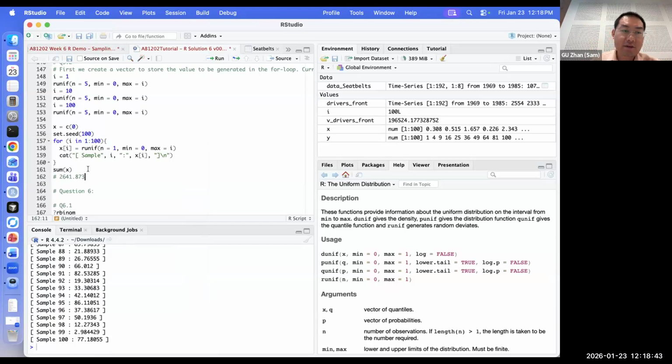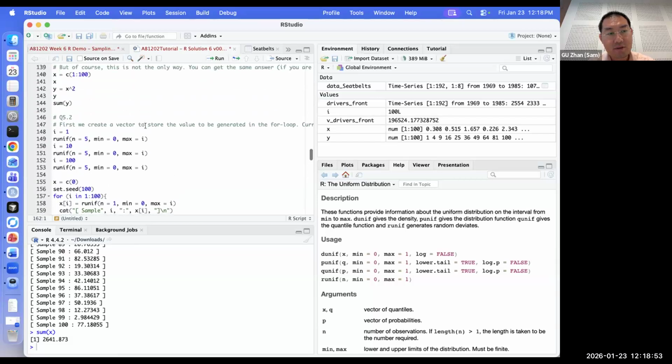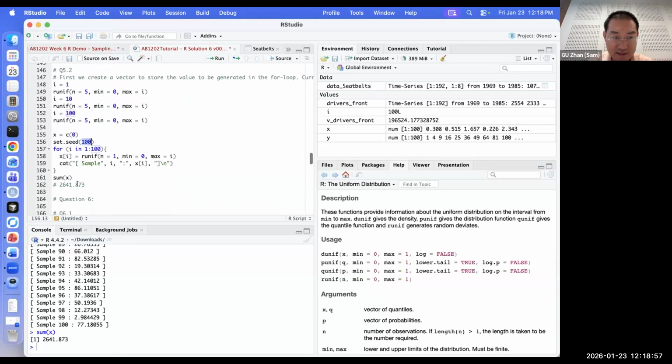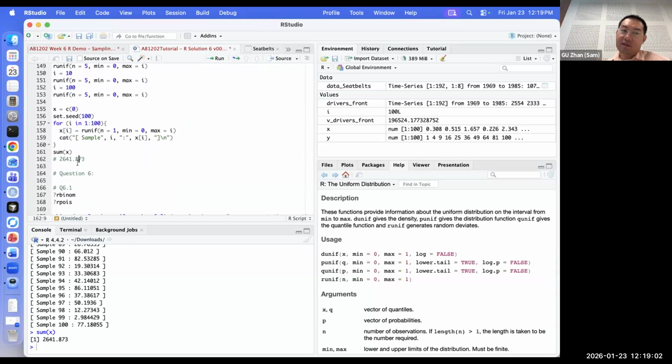Then after that, you sum them together and you get 62641, something like that. If you use the same seed, everyone using R should get the same result. So this makes your answer to the quiz questions standardized.